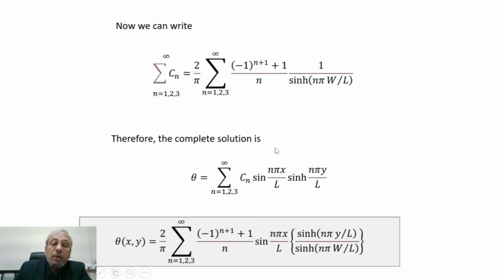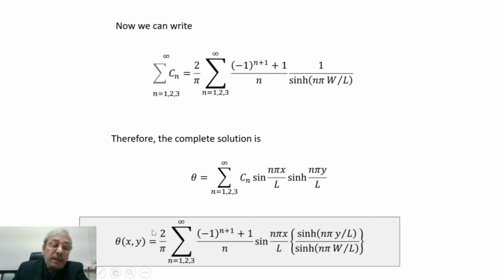So before evaluating the value of Cn, we reached up to this stage, that theta is given by summation over a series, where summation is done for n equal to 1, 2, 3, etc. up to infinity, Cn sine n pi x by L into sine hyperbolic n pi y by L, and Cn value we have found out.